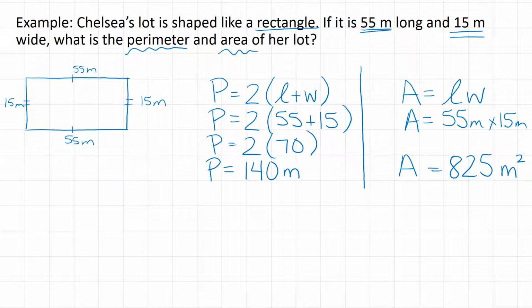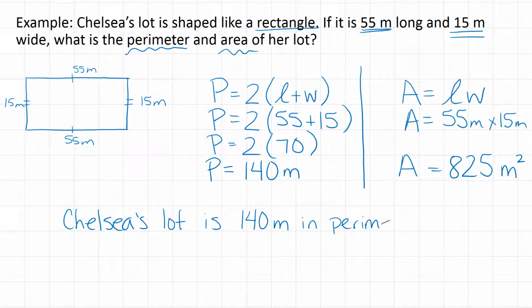Okay, so this is a word problem though, so we need to answer our question with a sentence. We have to have a statement at the end. So Chelsea's lot is 140 meters in perimeter and 825 meters squared in area.